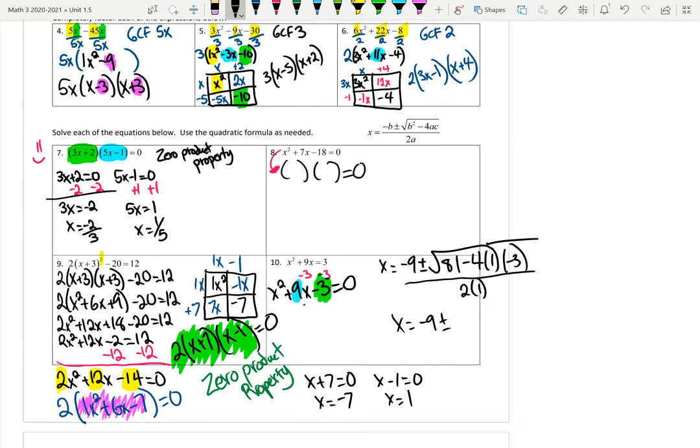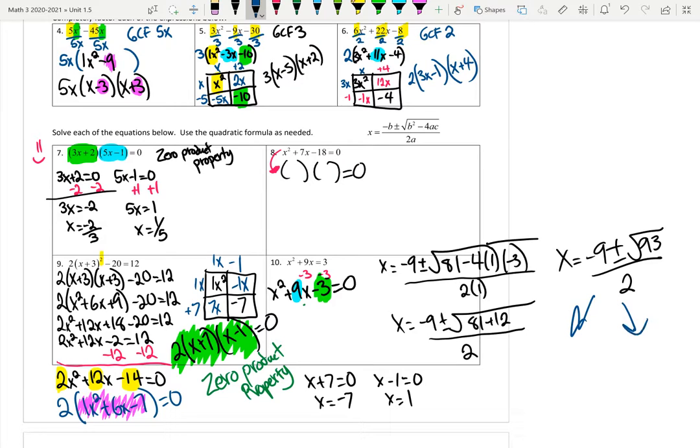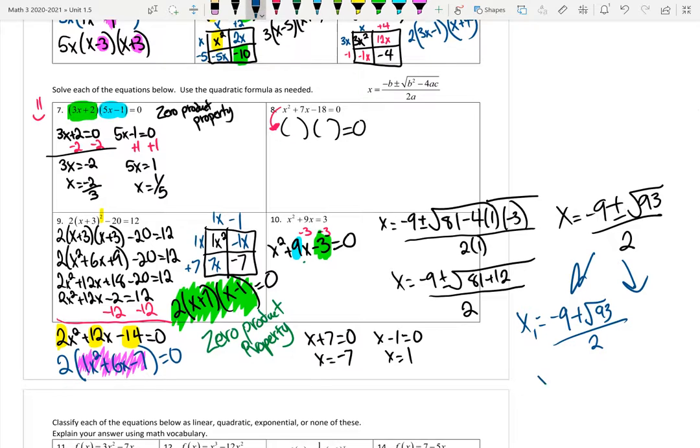Negative 9 plus or minus the square root of 81 plus 12 over 2, thus turning into x equals negative 9 plus or minus the square root of 93 over 2. This is going to turn into two answers. Solution 1 is negative 9 plus the square root of 93 over 2, and solution 2 is negative 9 minus the square root of 93 over 2.